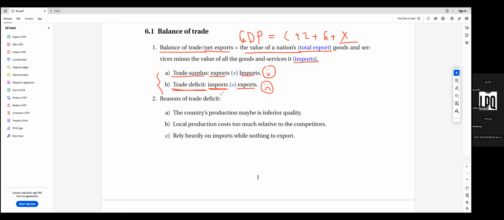Some developed countries, really wealthy countries, for example the USA, actually is a big trade deficit country. Americans, especially, buy a lot of things made in China.